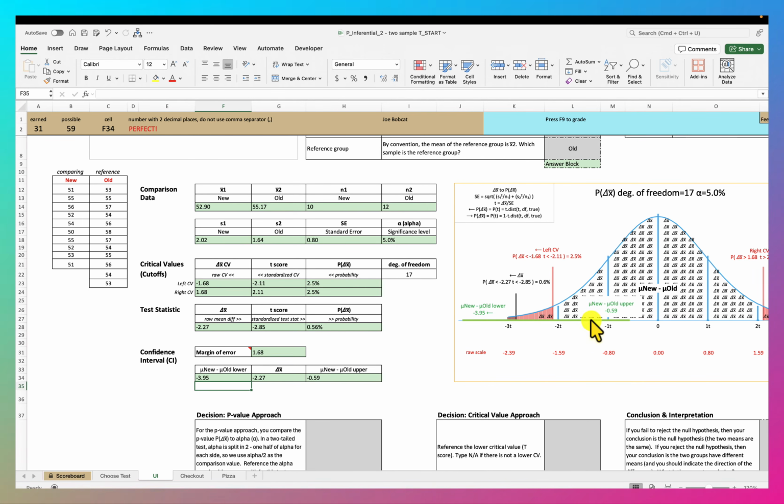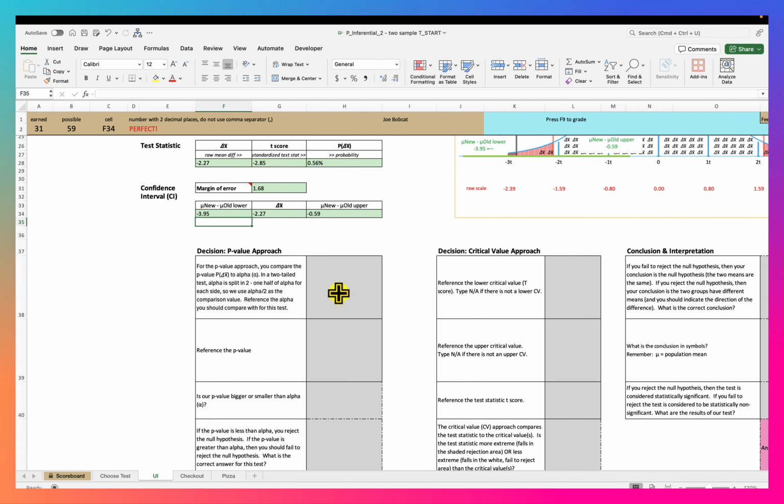And that gives us our confidence interval. And you'll notice the confidence interval does not pass over the mean, which is further evidence that they come from different distributions.